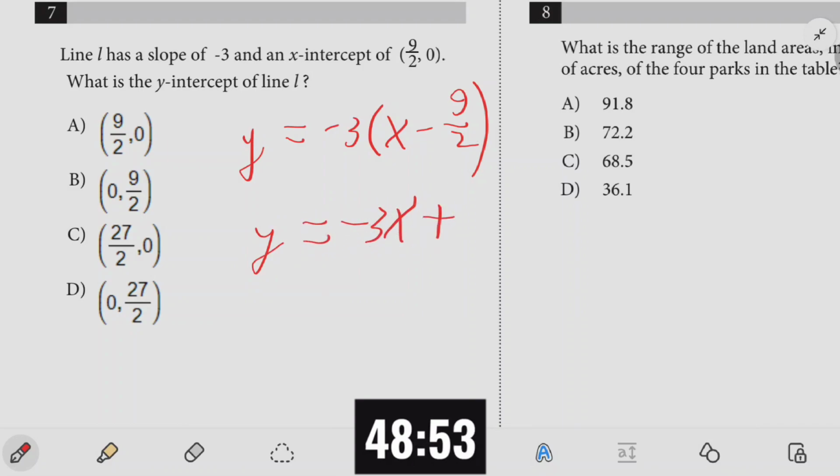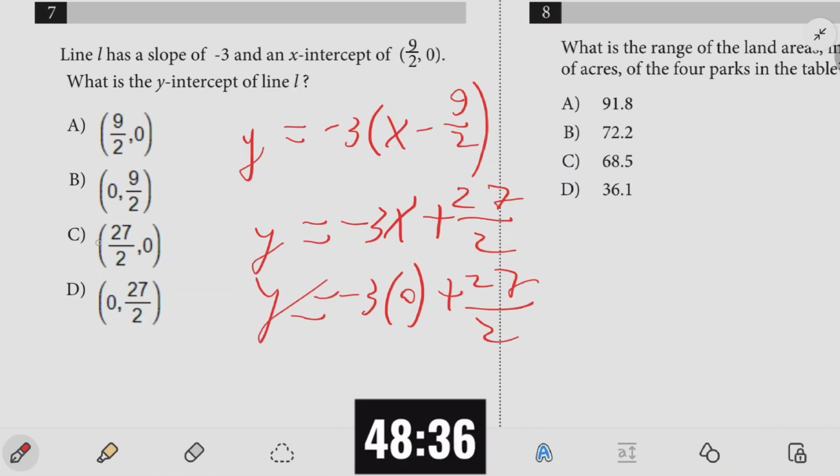Plus, what is this, 27 over 2? What is the y-intercept? So when x is 0, the y-intercept is 27 over 2. When x is 0. There we go.